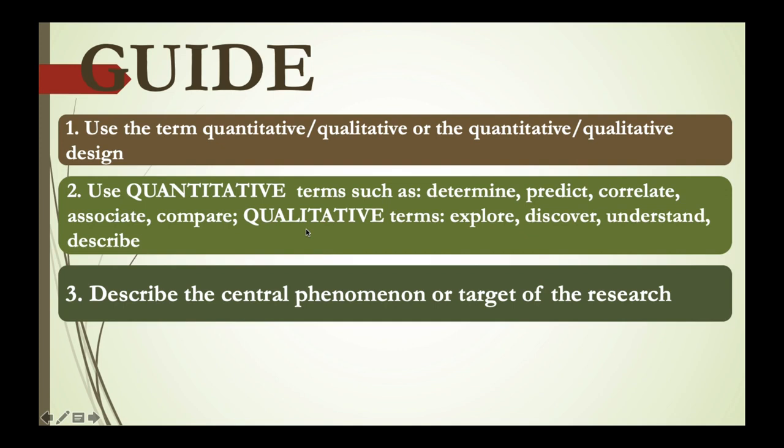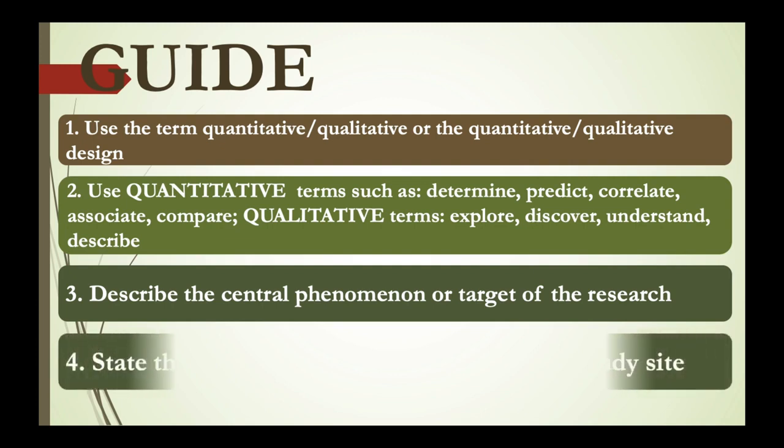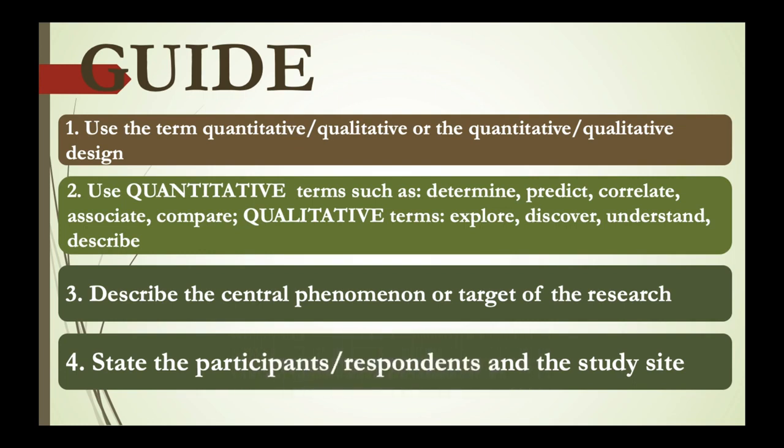Number 3, you need to describe the central phenomenon or the target of the research. What is the research issue all about? What's the central idea of doing this research paper? Number 4, you need to state the participants. Participants for qualitative and respondents if you're doing quantitative, and you may also highlight where the study will be conducted, or the study site.